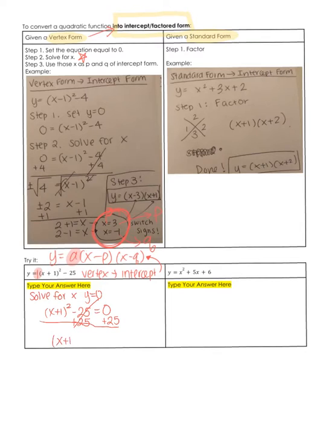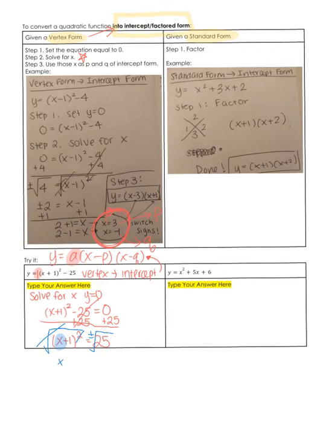So we have x plus 1 squared equals 25. But we want x, not x plus 1 squared, so we want to take the square root on both sides. When you do that, you have to do plus or minus the square root so that we can cancel out the square.